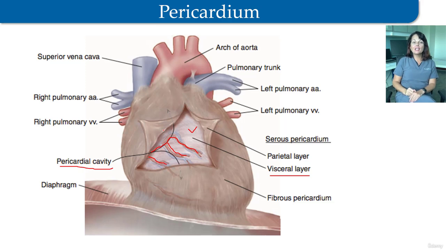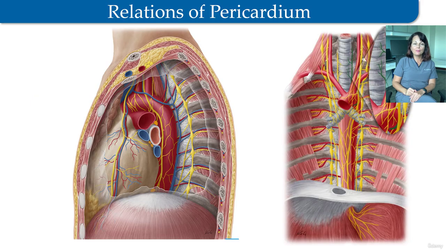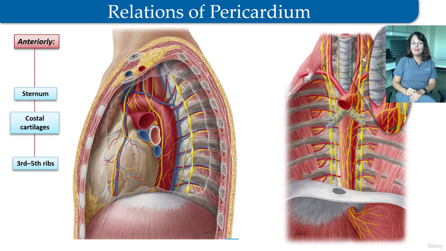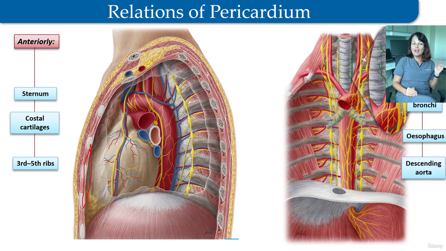Now, let's explore the anatomical relations of the fibrous pericardium. Anterior to it, we have the sternum, costal cartilages, and anterior ends of the 3rd to 5th ribs on the left side. Posteriorly, we have the principal bronchi, esophagus, descending aorta, and posterior mediastinal surfaces of the lungs.